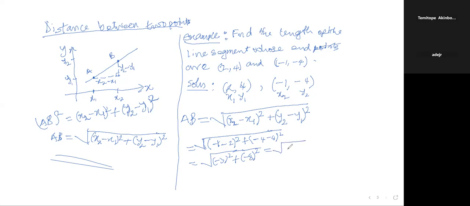So -3 squared will give us 9. -8 squared will give us 64. So 64 plus 9 gives 73. So you have square root of 73. I want to leave my answer in exact form, so I will leave it as root 73 units. So that's the length of the line segment whose ends are 2, 4 and -1, -4.